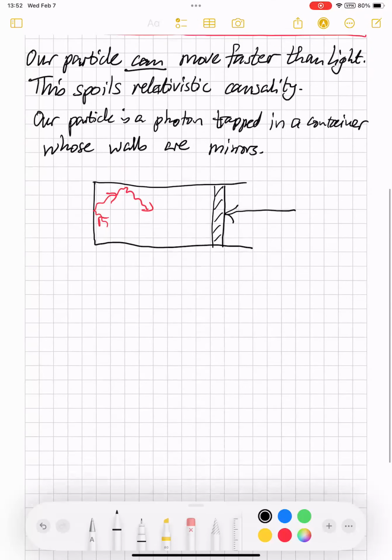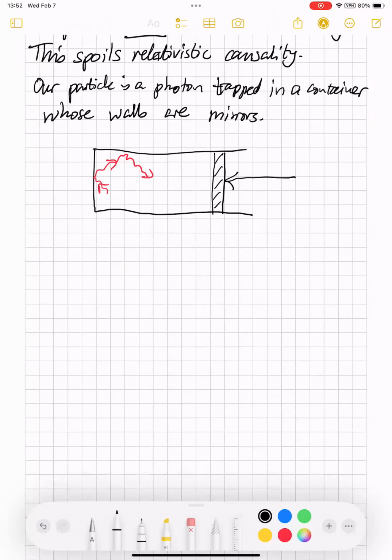That way, I know with better and better precision what its position is. So this is what I'm going to take as my experiment to actually measure the position of the photon. And let's try to see what will happen when I do this experiment.